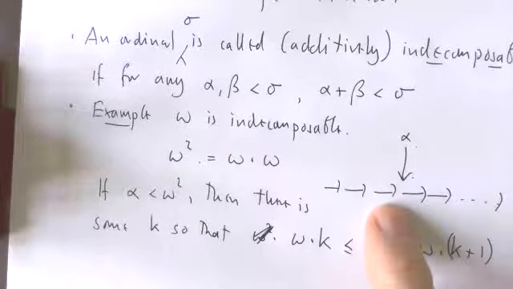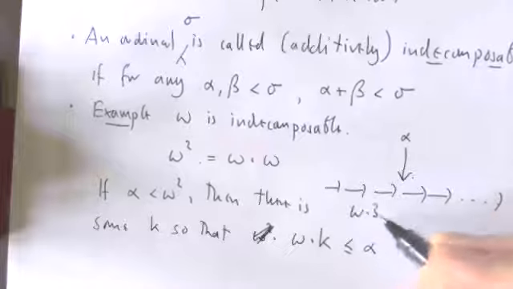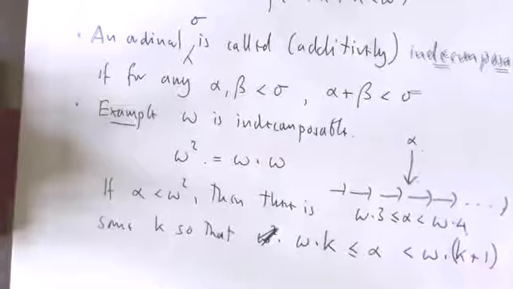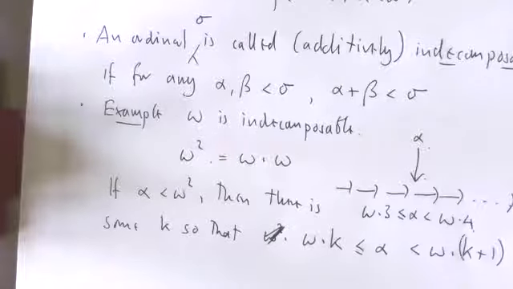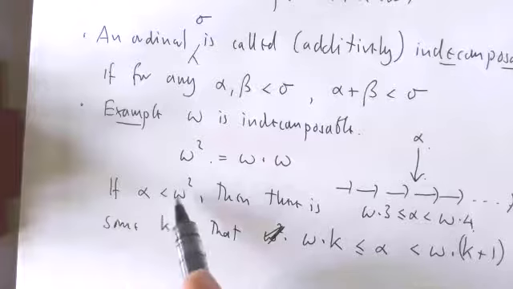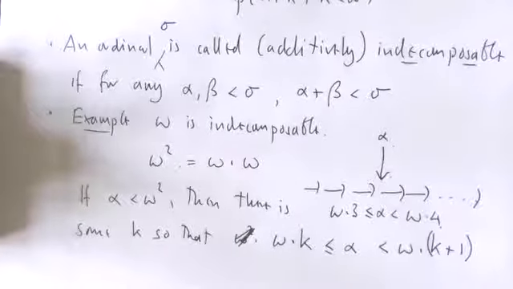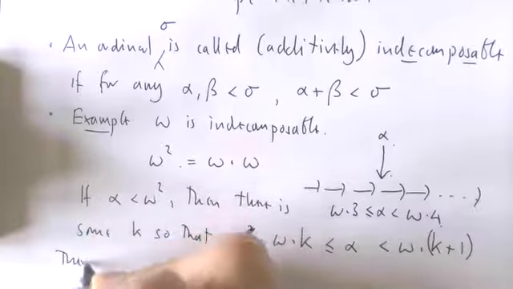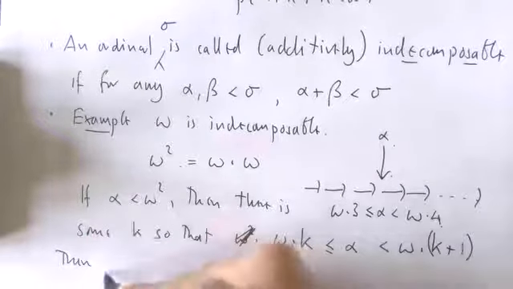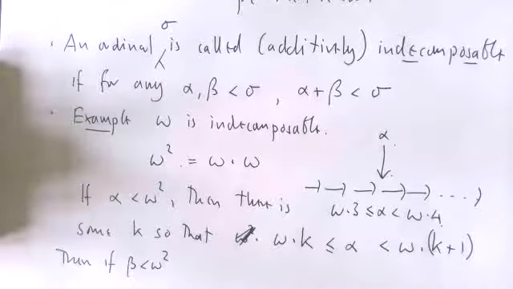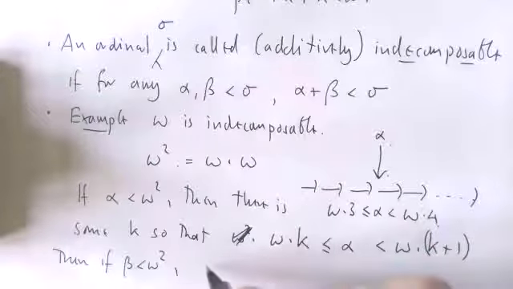So I guess here, how I've drawn it, this looks like 3 blocks. Anything that's less than omega squared falls somewhere down here. So if beta is another ordinal less than omega squared, where is it going to appear?